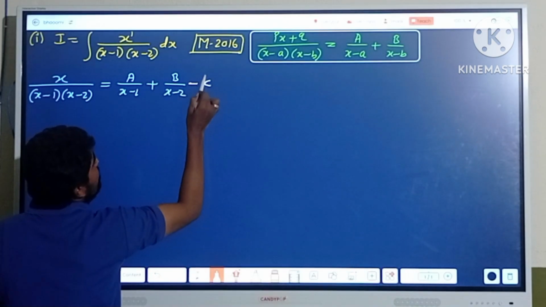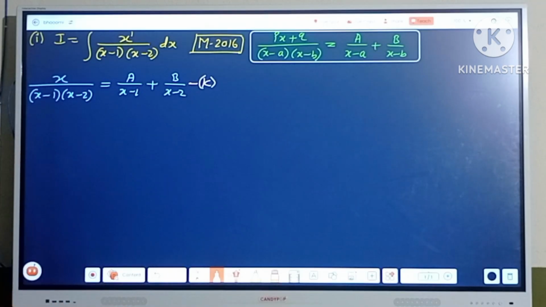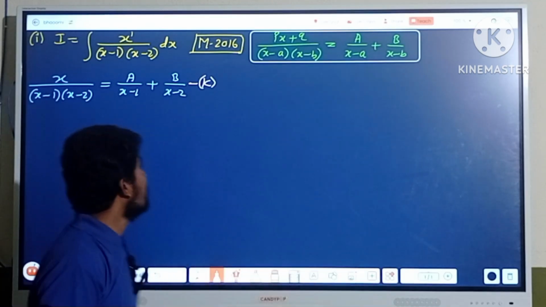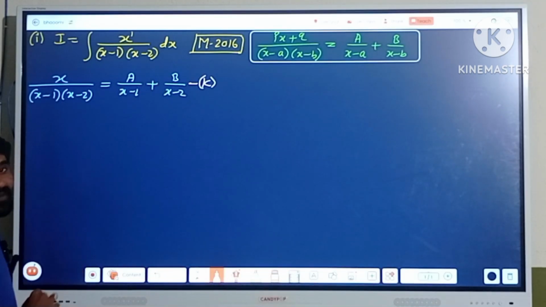After expressing the integrand in partial fraction format, we need to identify the values of A and B.